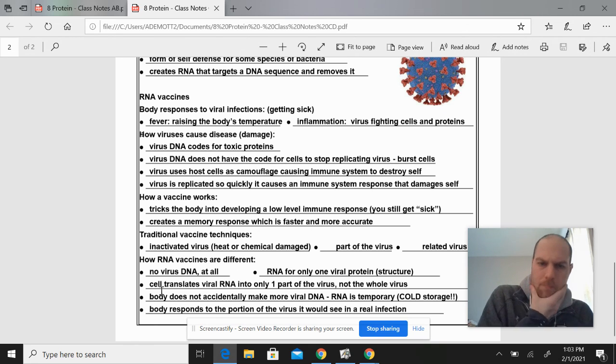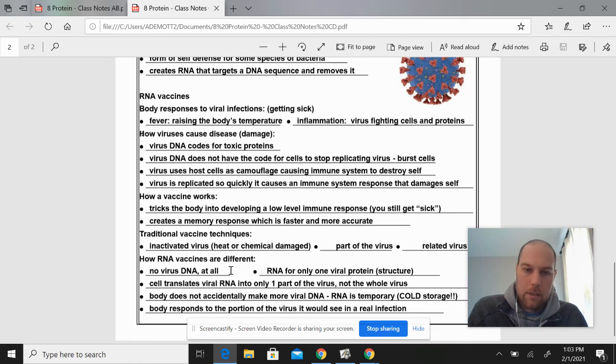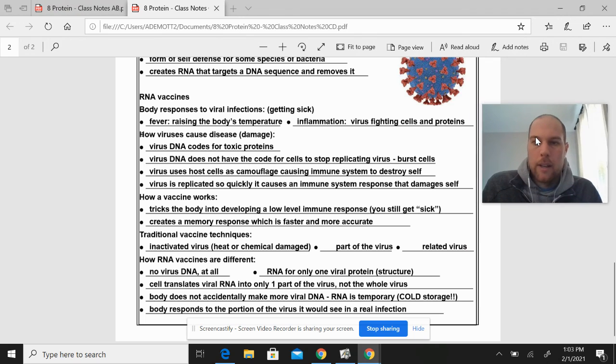On the topic of COVID-19, the vaccine is an RNA vaccine, so it's a little bit different in terms of how it works. You're not actually injecting the virus into you in the normal way.